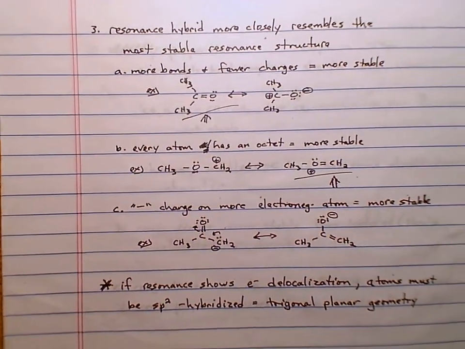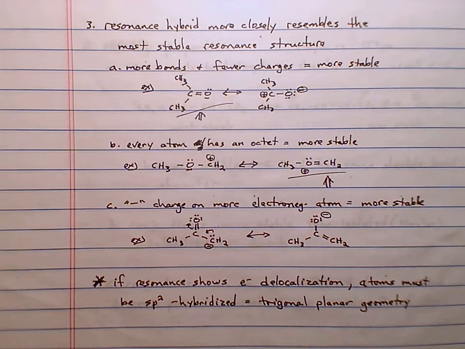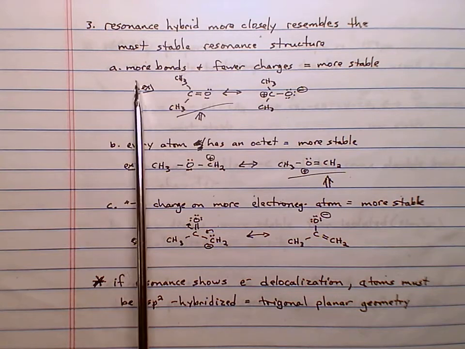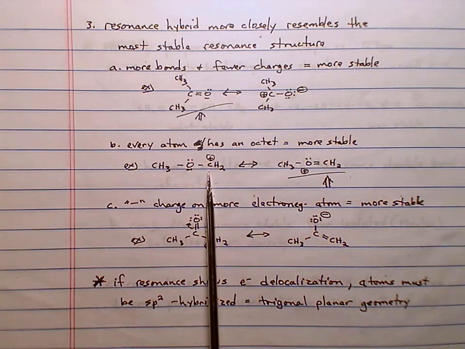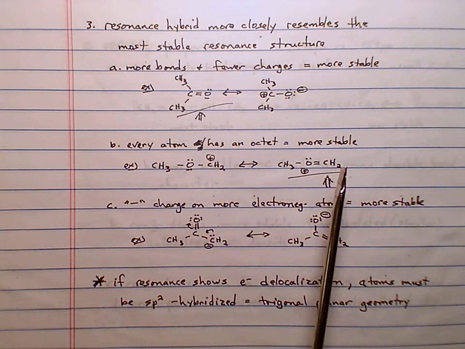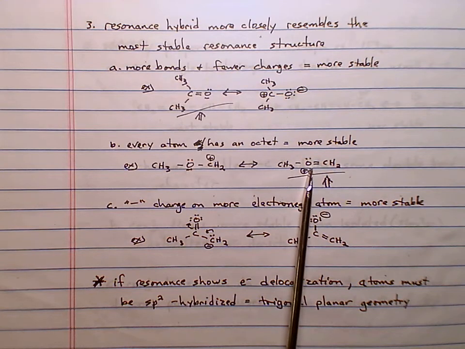Other rules for determining the more stable resonance form: more bonds and fewer charges is more stable. Every atom having its octet is more stable, which leads to something that seems a little crazy. What is more stable? This, with the oxygen having two lone pairs and us having a carbocation, or this, being a CH2 double bonded to this oxygen with one lone pair and the oxygen being positively charged?